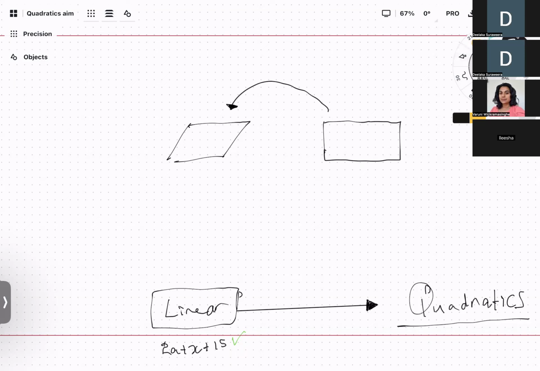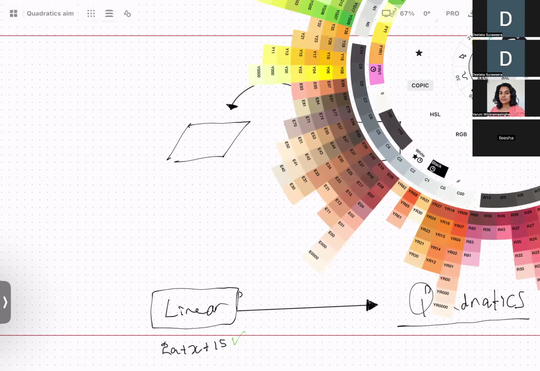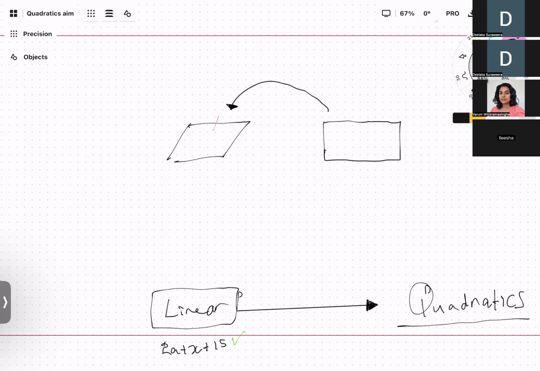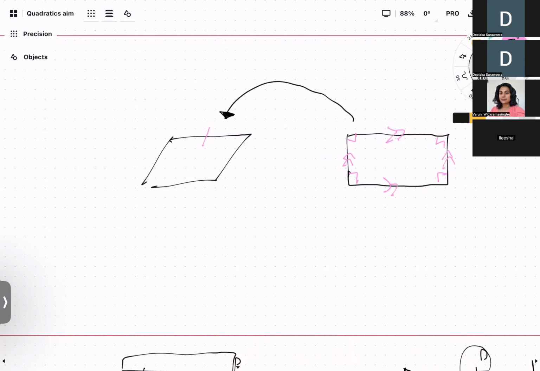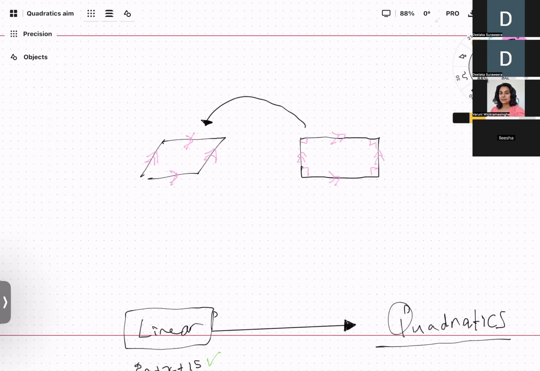The conditions for a rectangle are parallel sides and 90-degree angles. But for the parallelogram, we've removed one restriction, which is the angle restriction. The sides are still parallel, but the angles don't have to be 90 degrees. So we've made it less strict on the rules. That's the generalization. Does that make sense?